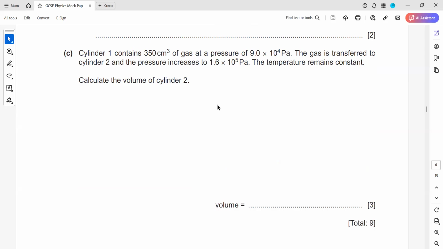A cylinder containing 350 cm cube of a gas at a pressure of 9 times 10 to the 4. So we have V1, we have P1. For these questions, unit conversion is not important because you are taking a ratio. The gas is transferred to a cylinder at a pressure of 1.6 times 10 to the 5. What is the volume of cylinder 2?